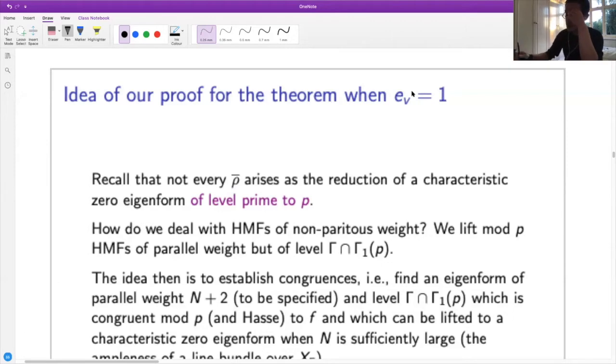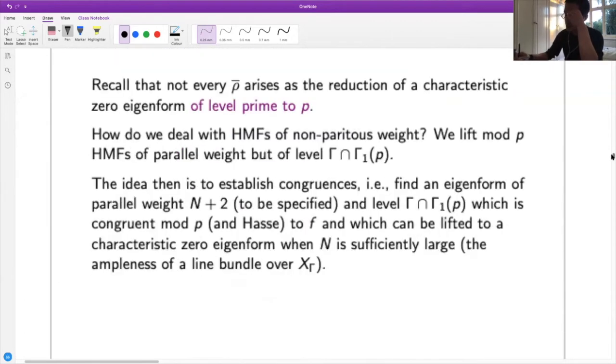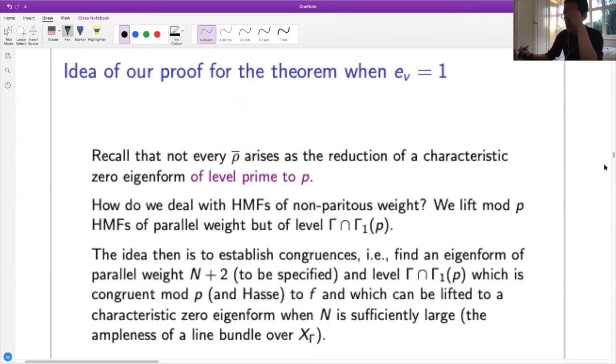So what we do instead is to try to lift a mod P Hilbert modular form of parallel weight, but level being gamma intersected with gamma_1(P). So what you do is, starting with my modular form F, you multiply it by a bunch of Hasse invariants. You increase the weight, you get to the parallel weight, and then you try to observe that such a thing would actually lift to characteristic 0 if the level is gamma_1(P).